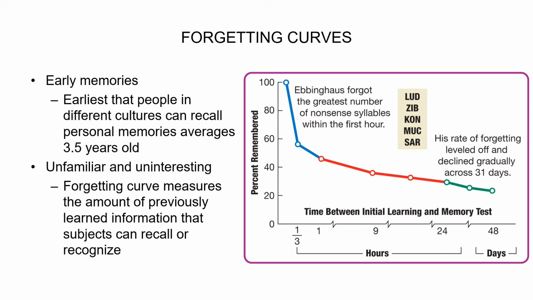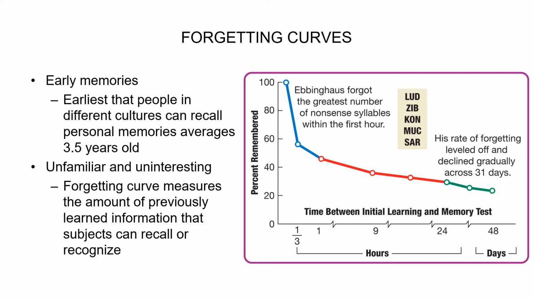The early memories, it's because that information doesn't properly encode. The brain isn't fully developed for encoding yet, so the encoding doesn't fully go into place, which is why we don't have early memories. Unfamiliar, uninteresting, part of it's because the encoding isn't that strong.